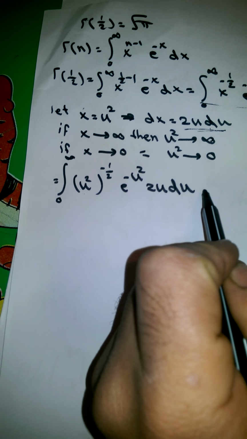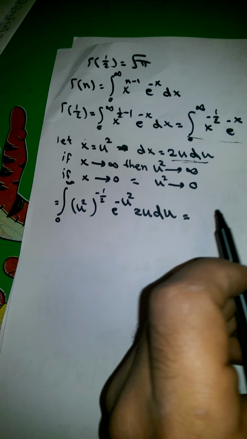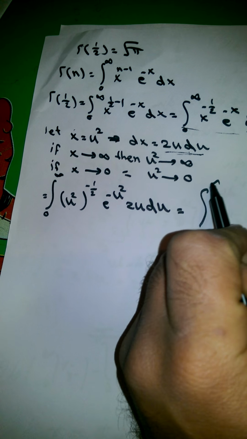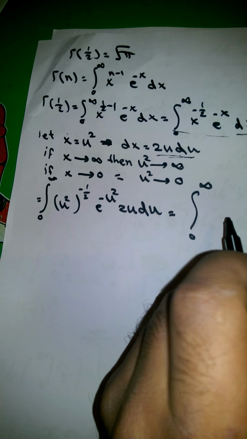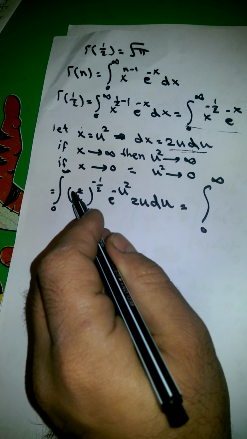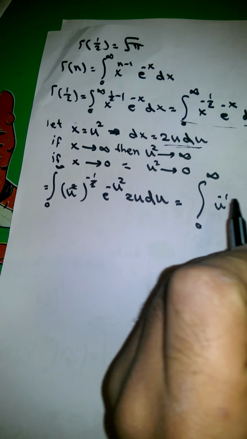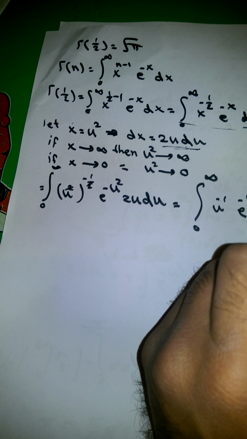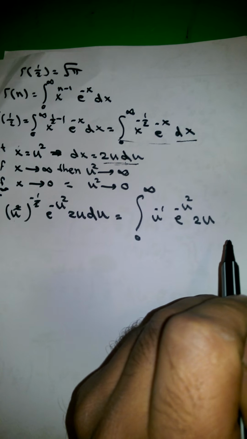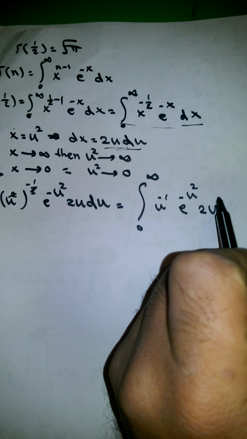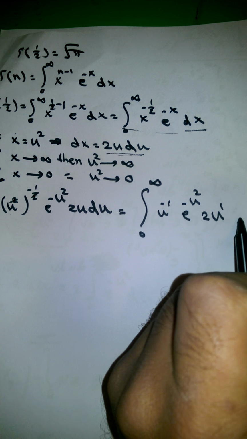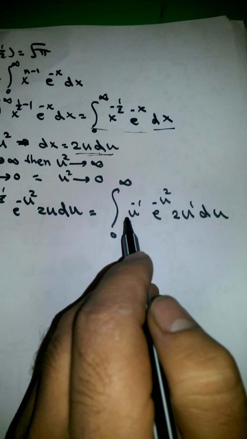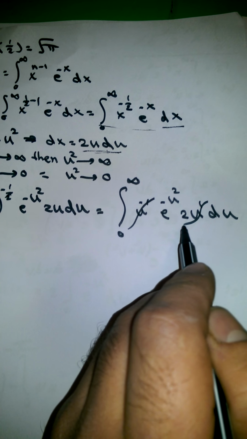And if we simplify it, we see that it will be the integral from 0 to infinity u to the power minus 1 e to the power minus u square 2u to the power 1 du. Then it's u to the power minus 1, it's u to the power 1.